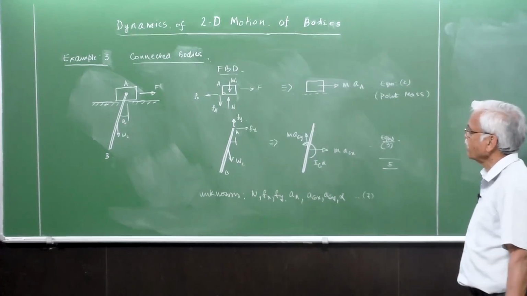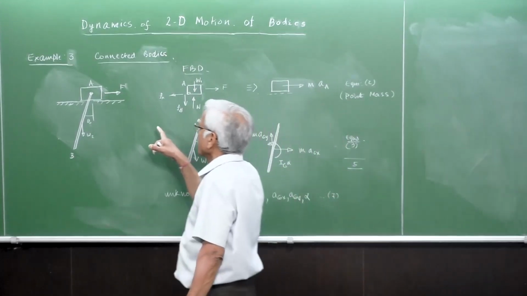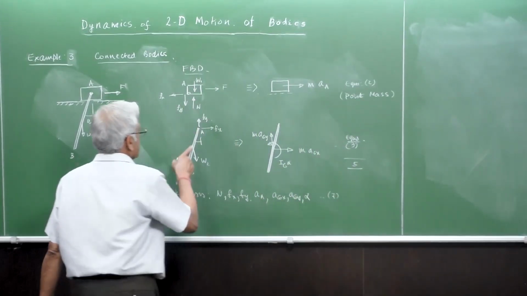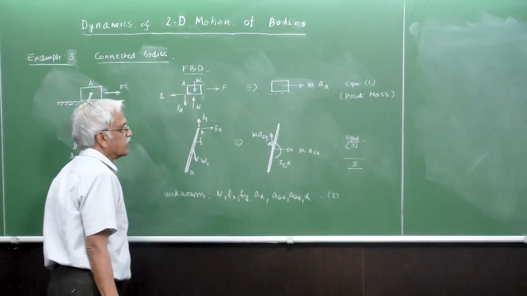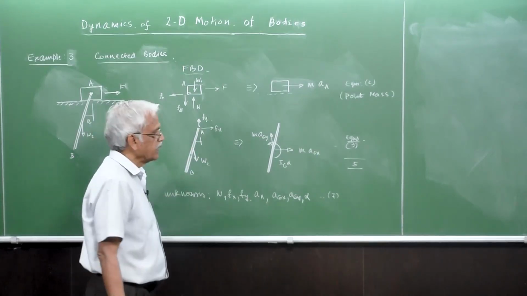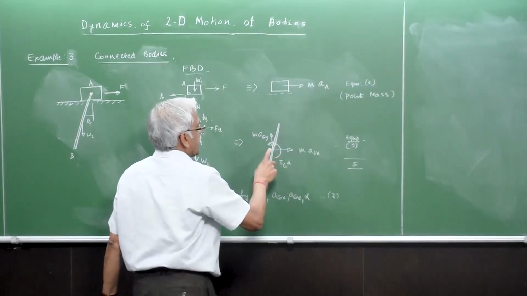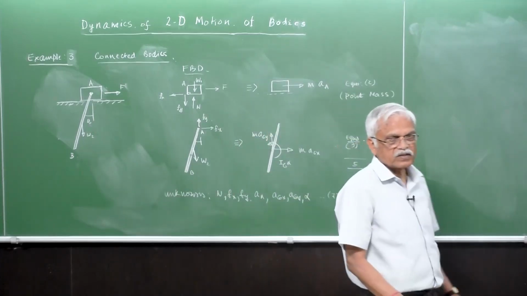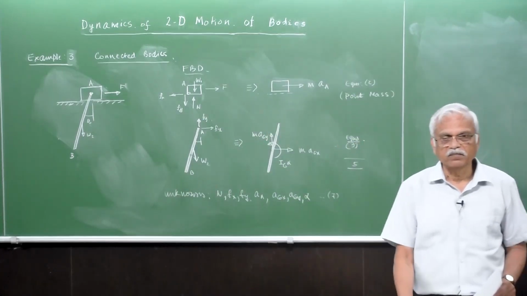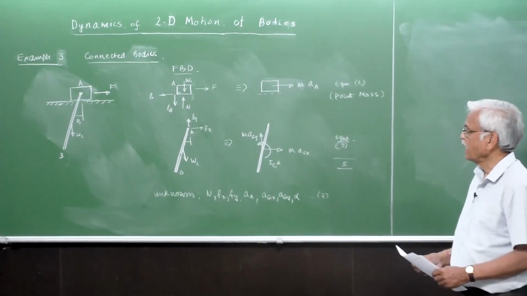We also have the rod rotating about A, so that means that this G is related to A. So what we mean by that is that aA and aG are not completely independent, there is a certain relation, right? So A and G are related.